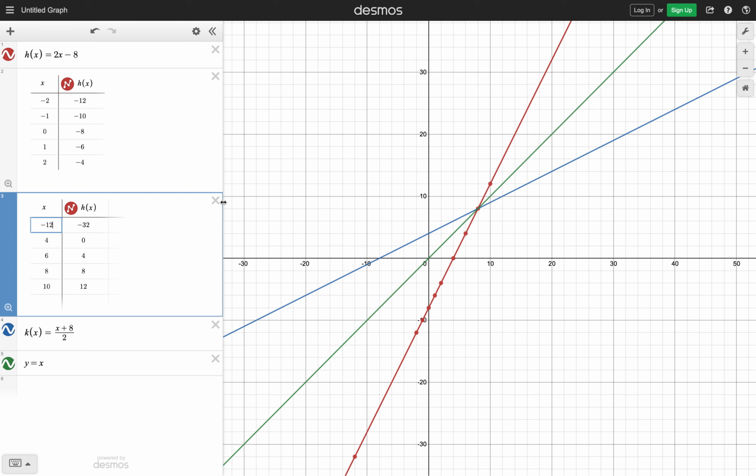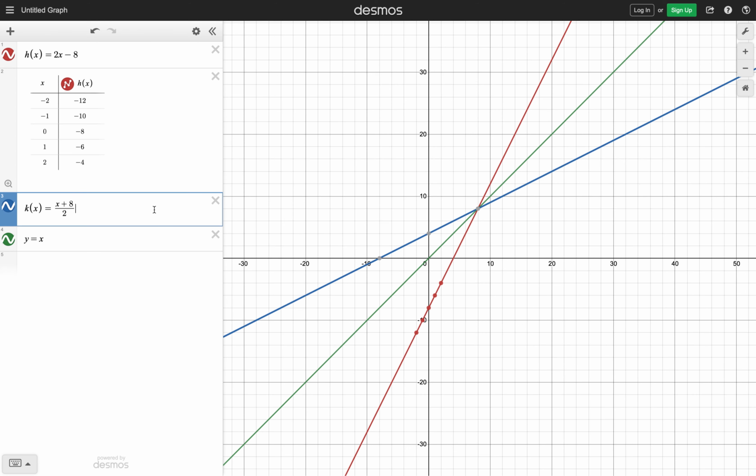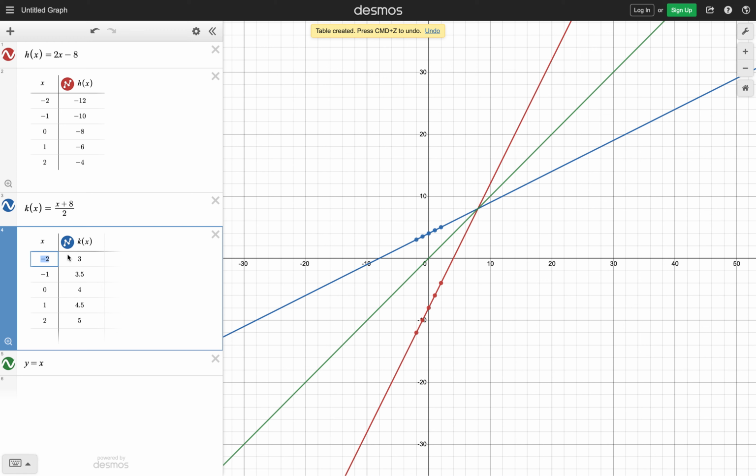Take 2. So you have negative 12, negative 2; negative 10, negative 1; negative 8, 0; negative 6, 1; and negative 4, 2.